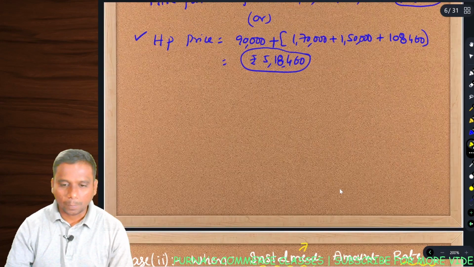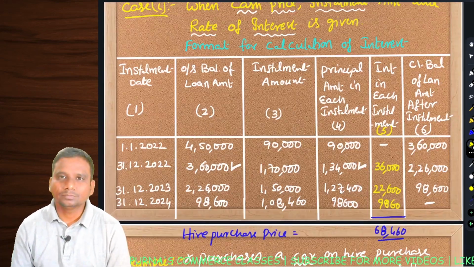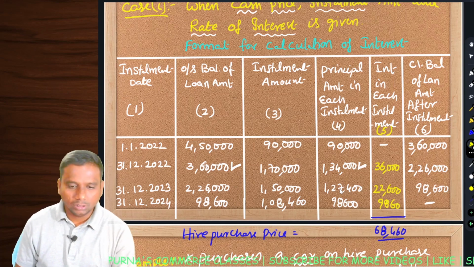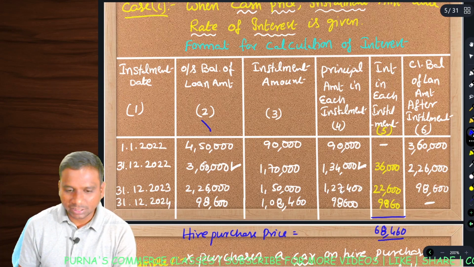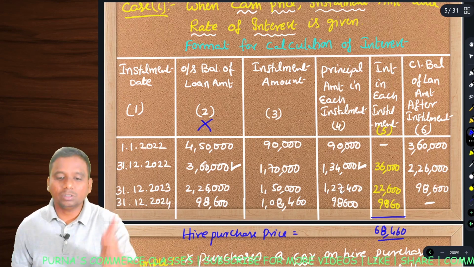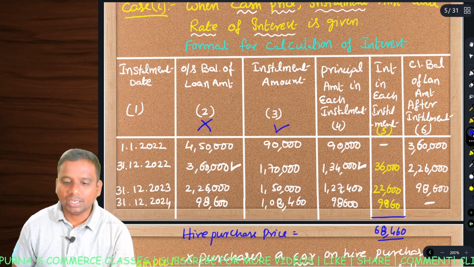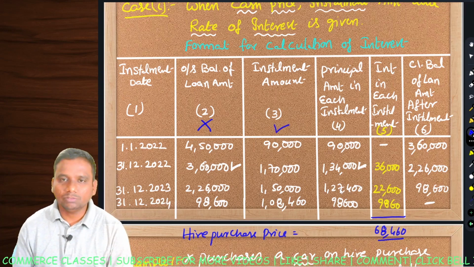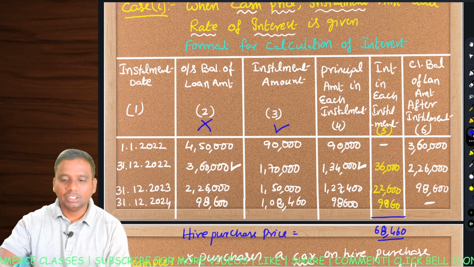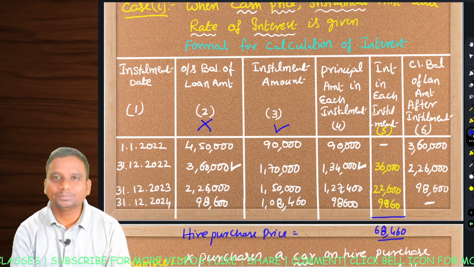Look at the above table. In this table, cash price is missing, which means we don't have the information of the second column. Third column information we have. When you get the second and third column information, then only you can calculate the fourth, fifth, and sixth columns.